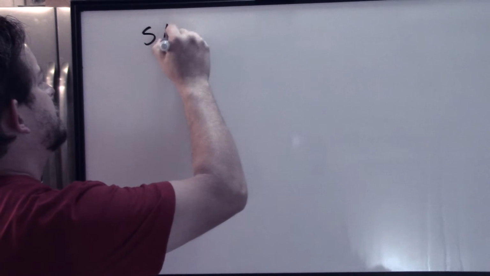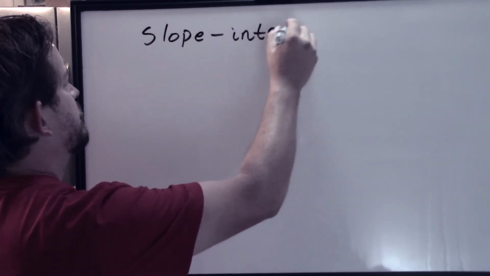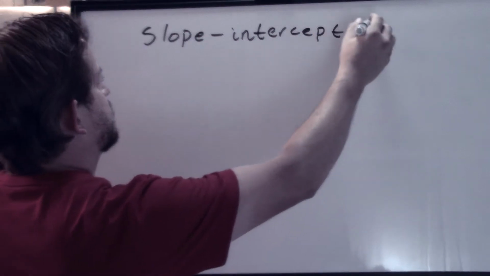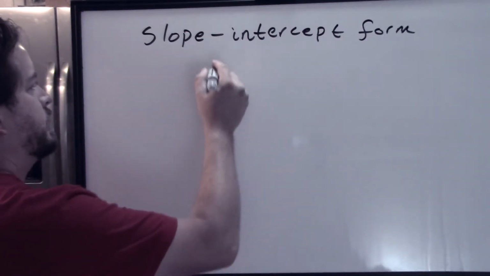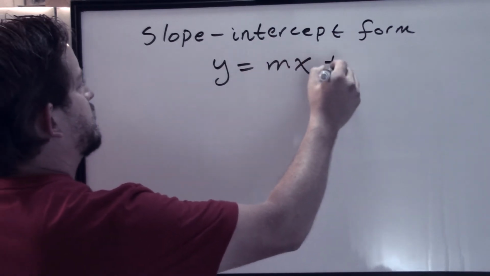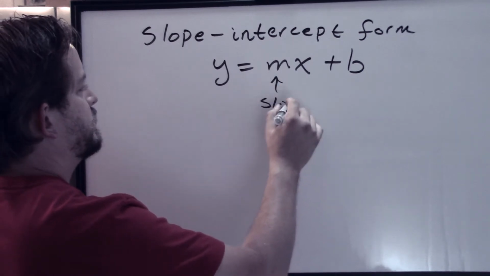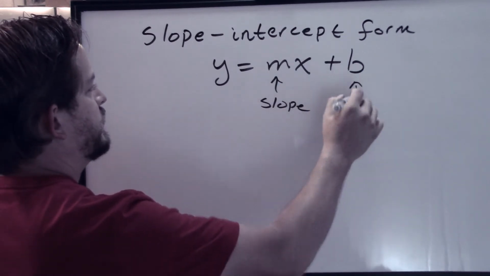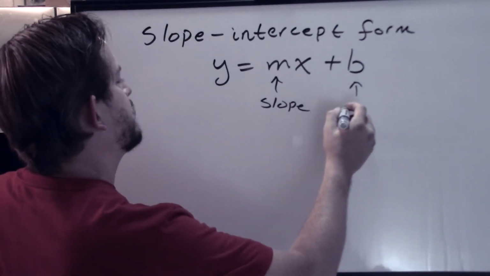So recall that the slope-intercept form is y equals mx plus b, where m is the slope and b is the y-coordinate of the y-intercept.